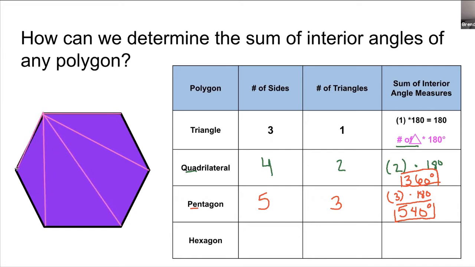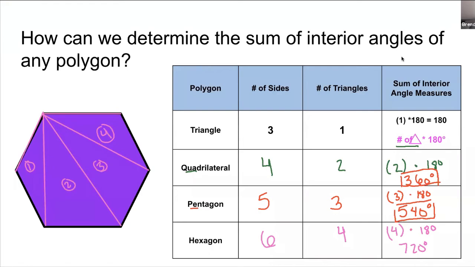So we created, let's see how many triangles. In this case, 1, 2, 3, and 4. So how many sides? We have 6 sides and 4 triangles. 4 times 180 should give us 720 degrees.